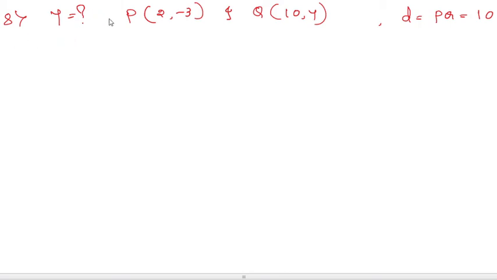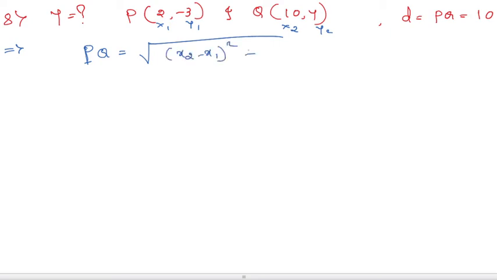Now the solution is very simple. Distance between the points means we are going to find the distance between the points P and Q. PQ is equal to, with the points as (x1, y1) and (x2, y2). What is the formula? Square root of (x2 minus x1) whole square plus (y2 minus y1) whole square, where y1 is minus 3, so minus minus becomes plus 3.